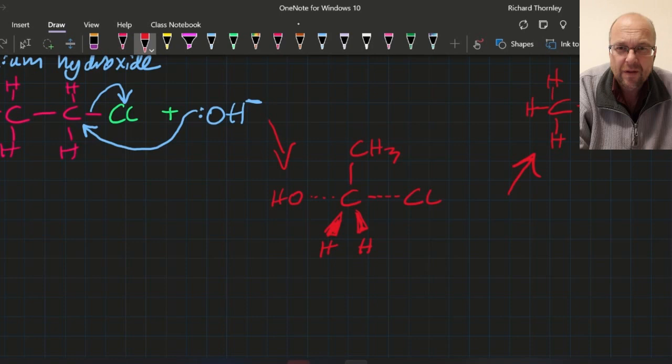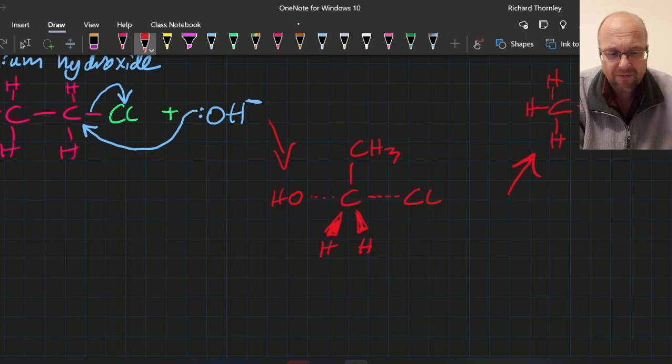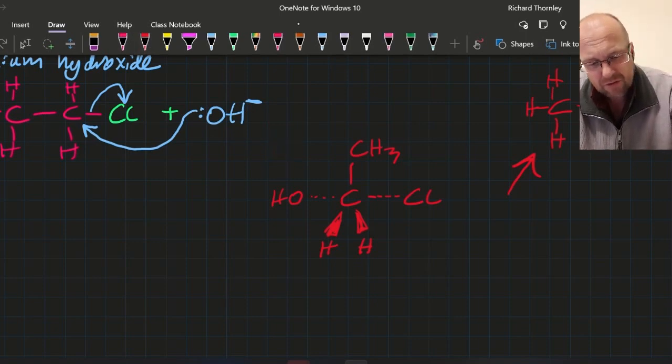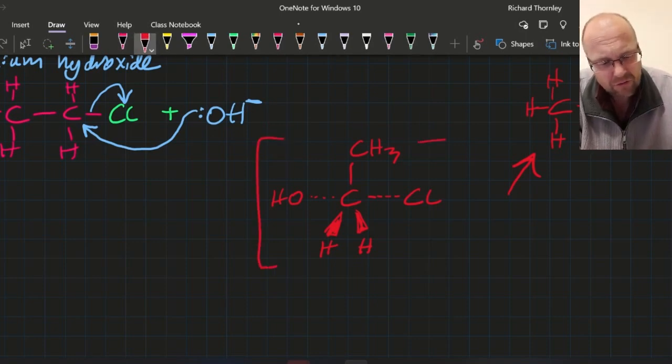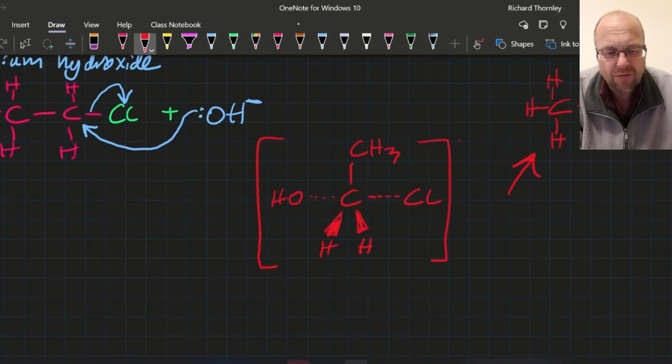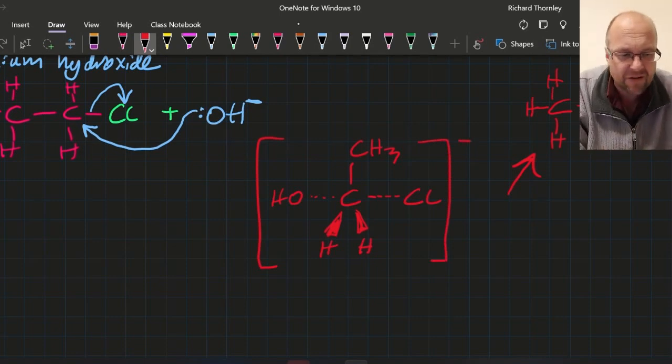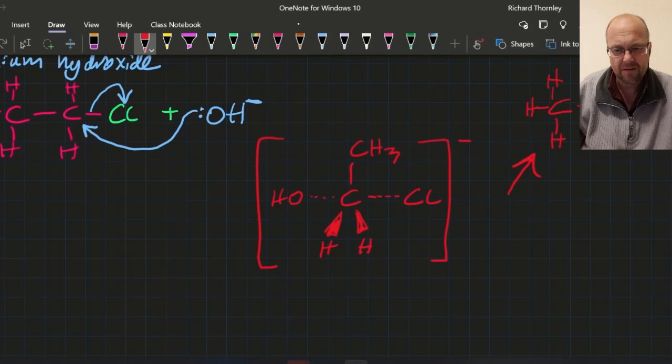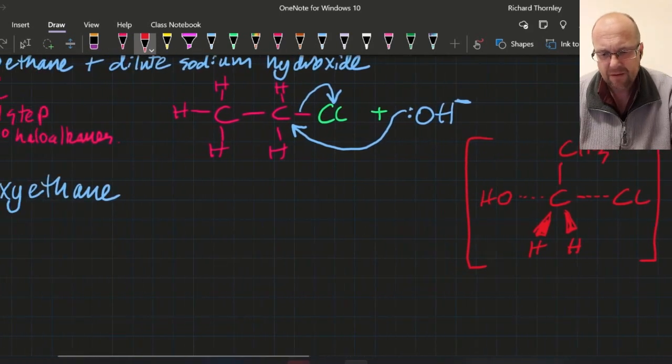So I had to show dotty bonds to show that the OH minus is coming in and the Cl is coming off. You still wouldn't get a point for that though, because of course you need square brackets, and you still wouldn't get a point for it because overall this weird pentavalent carbon is negative. I'd fail on that.